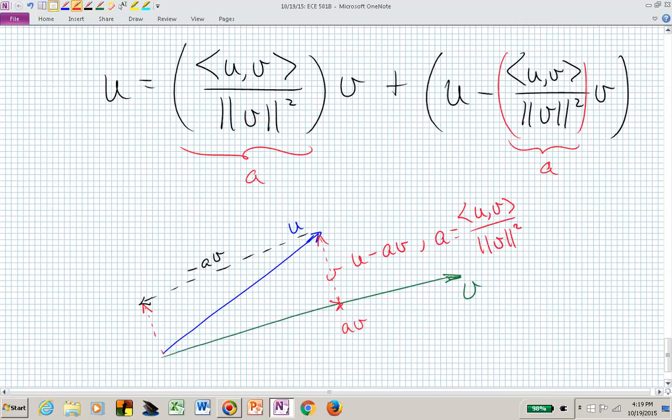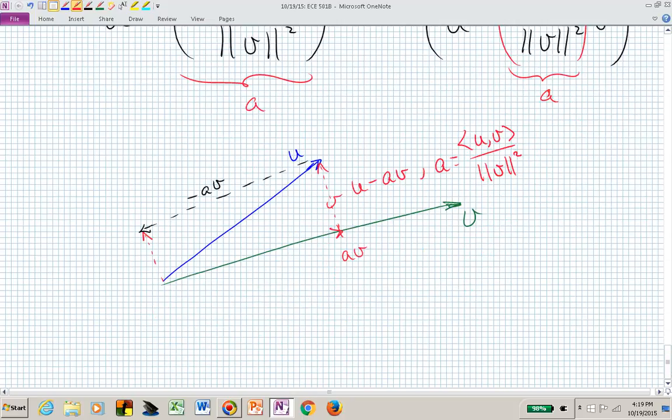And now we can see that av plus u minus av gets us to u in this graphic. So that's the orthogonal decomposition.